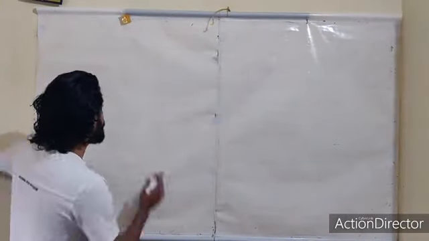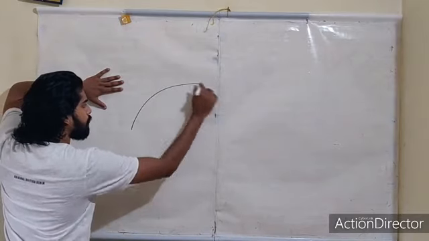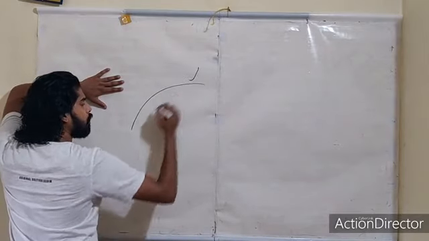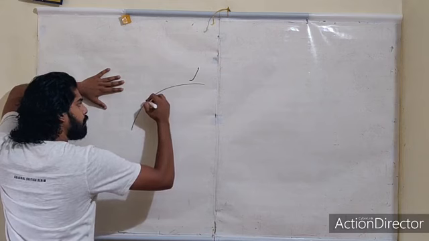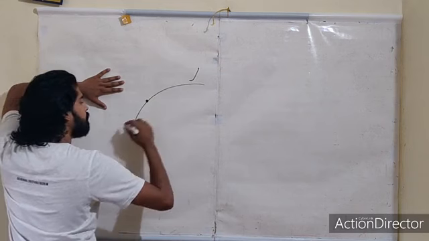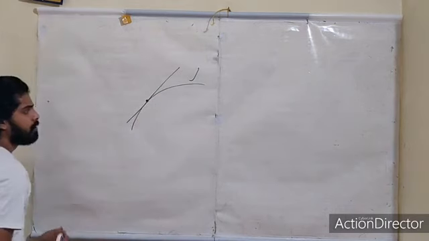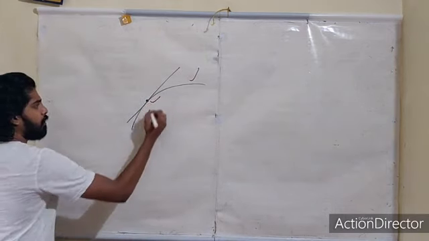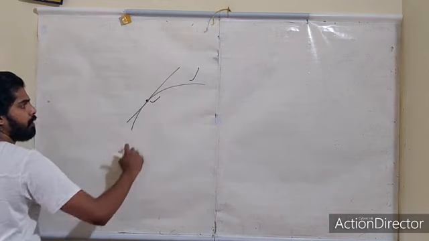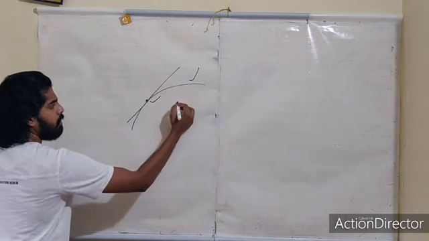Let's recap once again. The equation of the curve will be given, and a point on this curve is given. You just need to find the slope of this tangent. How will you do it? The equation of curve and the point are given.